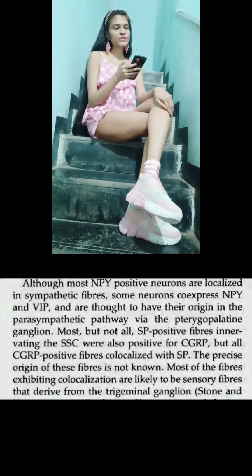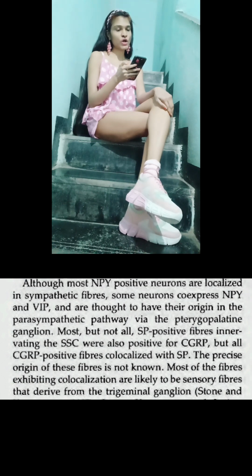Although most NPY positive neurons are localized in sympathetic fibers, some neurons co-express NPY and VIP and are thought to have their origin in the parasympathetic pathway via the pterygopalatine ganglion.